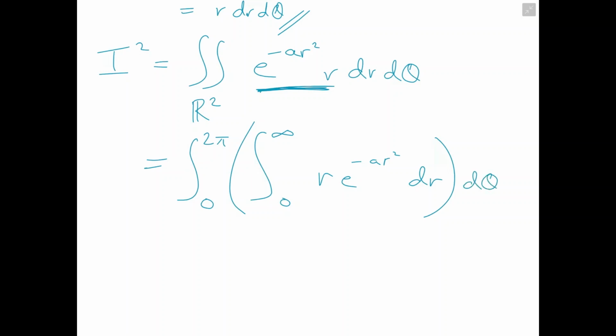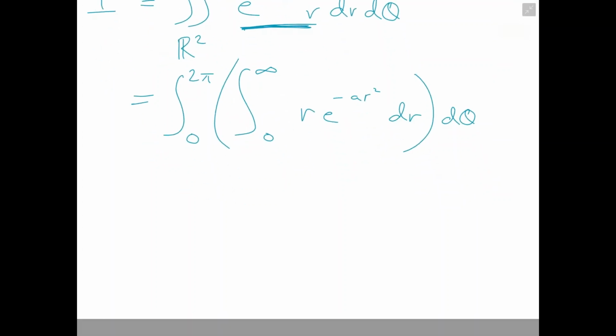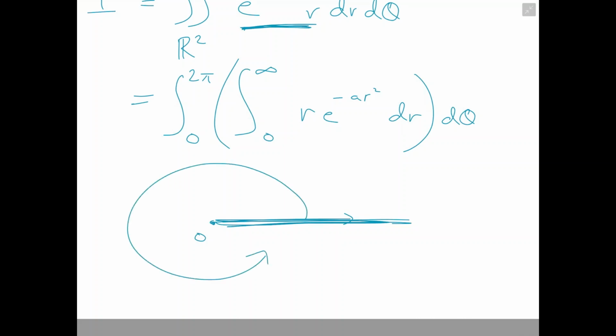The reason why we didn't choose r from negative infinity to positive infinity is that if you think of the initial line, taking r equals 0 to infinity gives this entire ray, and then we're sweeping this ray 2 pi radians.